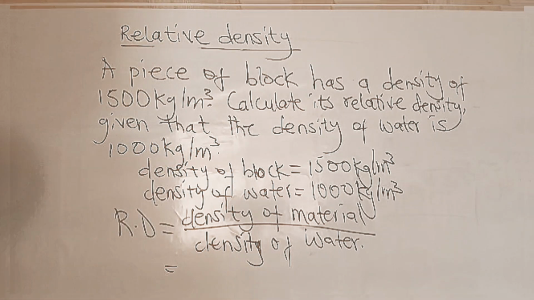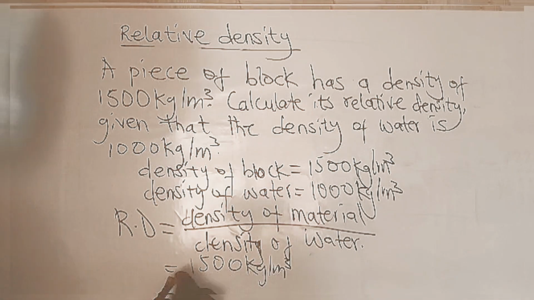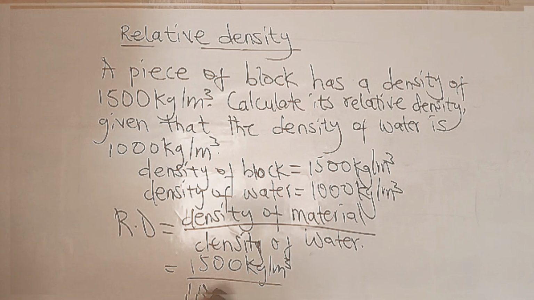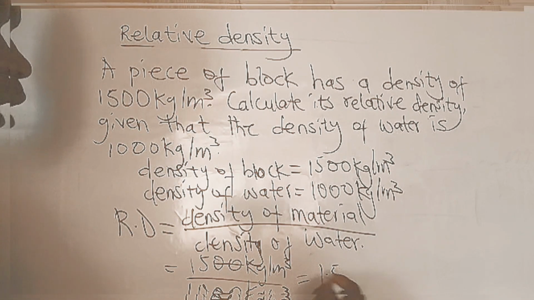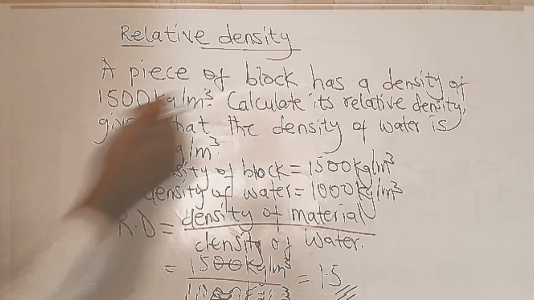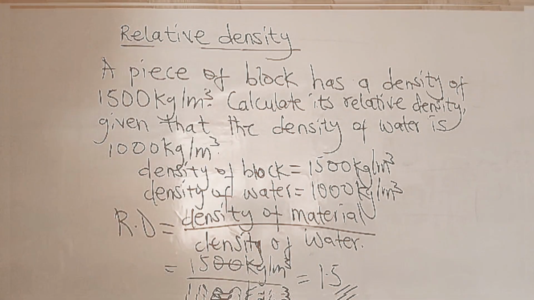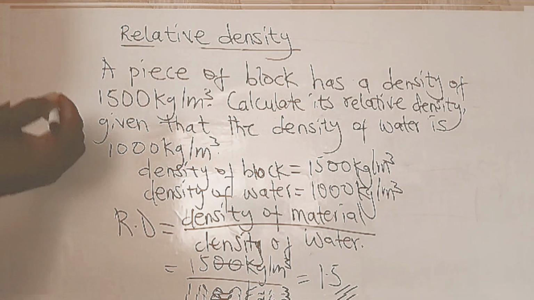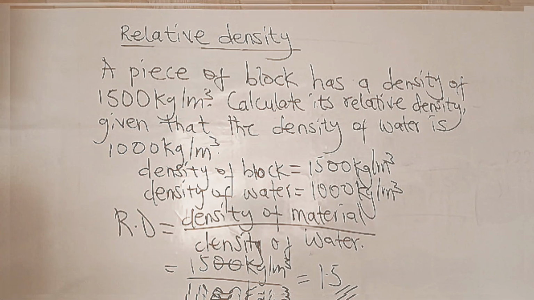So the density of the material is 1,500 kilogram per meter cube, and the density of water is 1,000 kilogram per meter cube. The units divide each other, leaving 15 divided by 10, which is 1.5. So the relative density of the block from this question is 1.5, and this is greater than 1. That means if you place that particular block in water, it will sink.